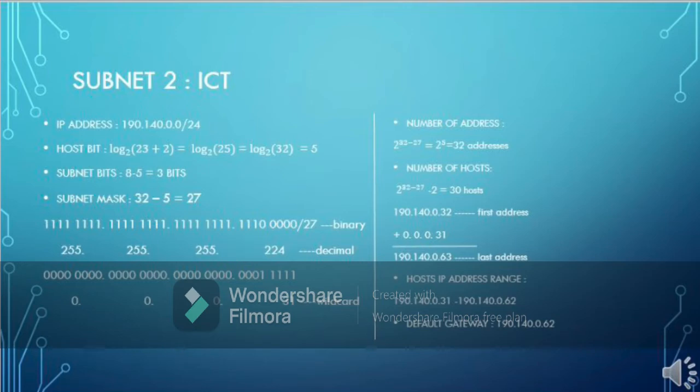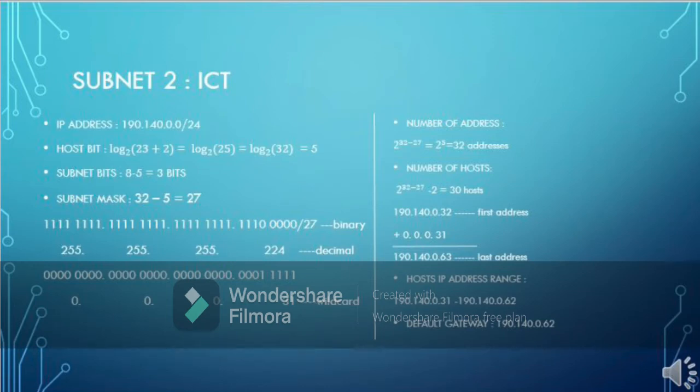Since we already have the subnet mask, we write it in binary numbers, and it gives the decimal numbers 255.255.255.224. To get the wildcard, we convert the 1s and 0s from the binary numbers.